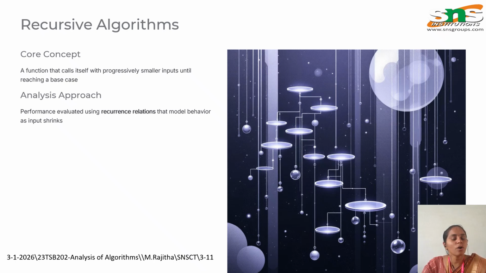Each recursive call reduces the problem size until the base case is reached. Examples of problems suitable for recursion: factorial, Fibonacci, binary search, tree traversal. Recursive algorithms are often easy to understand because they closely match the problem definition.